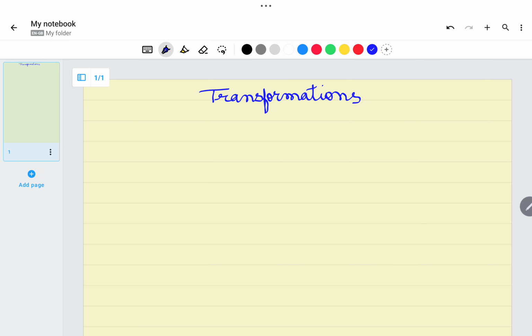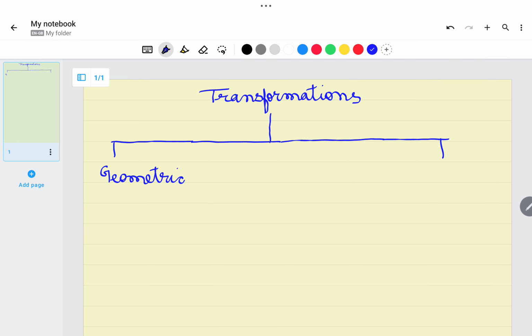Broadly, transformations can be categorized into two types: geometric transformations and coordinate transformations. Geometric transformations are again of two types, 2D and 3D.